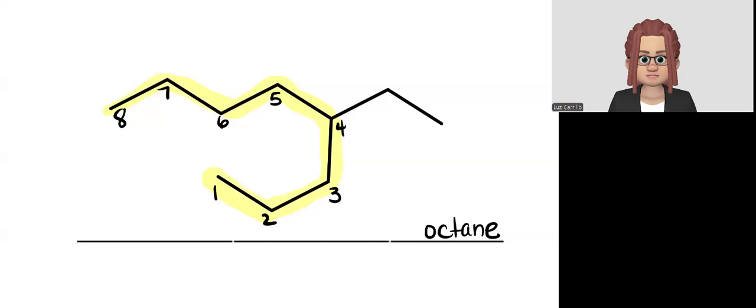So at carbon number 4, as I mentioned, you have a CH2 followed by a CH3. That is called an ethyl group. So the correct name for this molecule is 4-ethyloctane. For those of you that benefit from looking at the carbons and hydrogens, now I'm going to place them in the molecule.